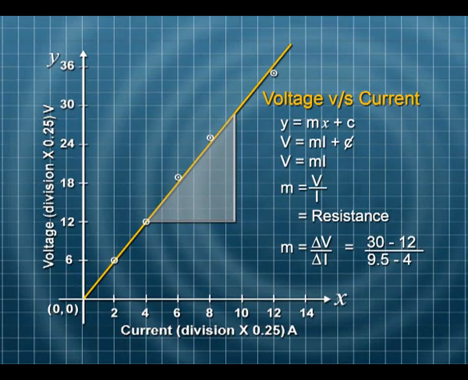So, 9.5 minus 4, and this calculation will give you approximately 3 ohms. This value is the value from the graph, and you can use this to find the resistance and thereafter calculate the resistance per centimeter of the wire.